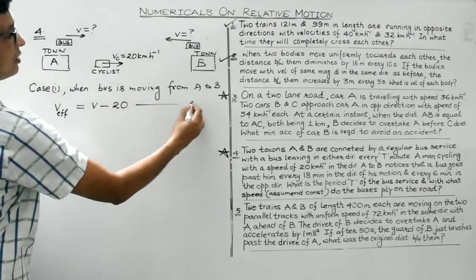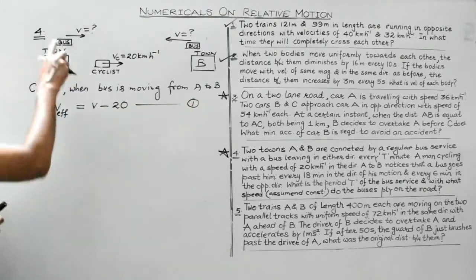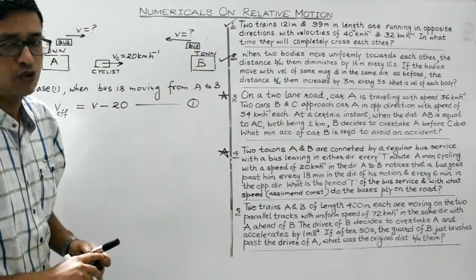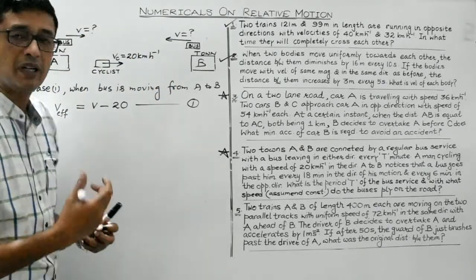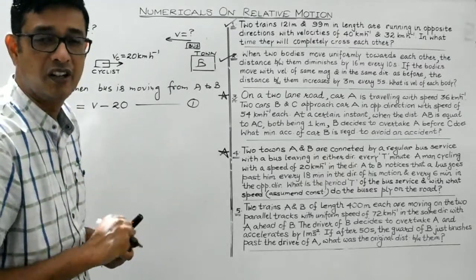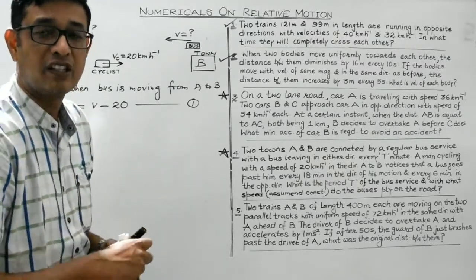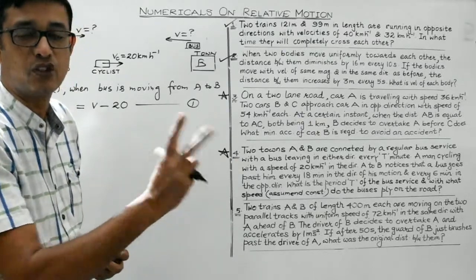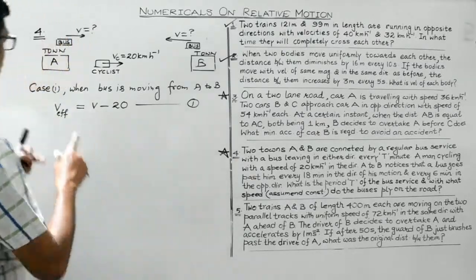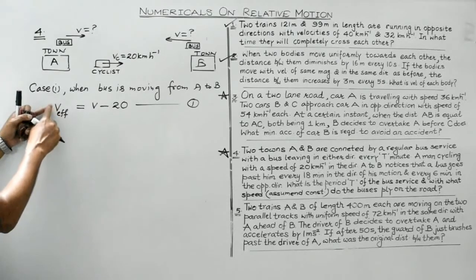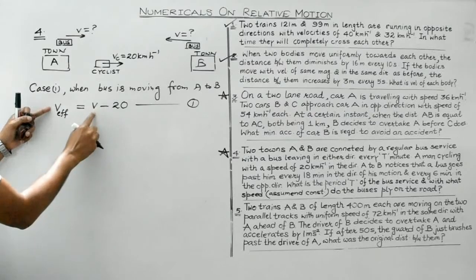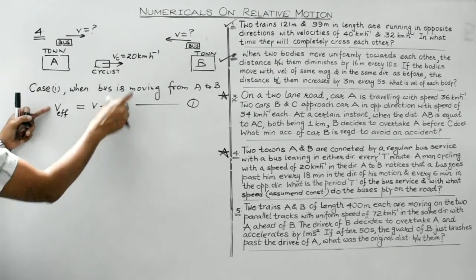Here students, this is equation 1. Both are moving in the same direction, bus as well as the cyclist. I have told you numerous times, whenever two independent bodies move in the same direction, the effective speed, that is the relative velocity of one with respect to the other, is always given by the difference in the magnitudes of the individual speeds, right? So, V effective means the effective speed of the bus with respect to the cyclist. It is equal to velocity of bus minus velocity of the cyclist.